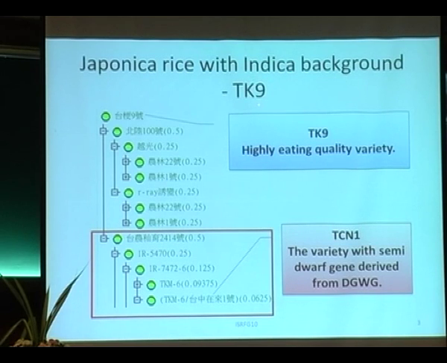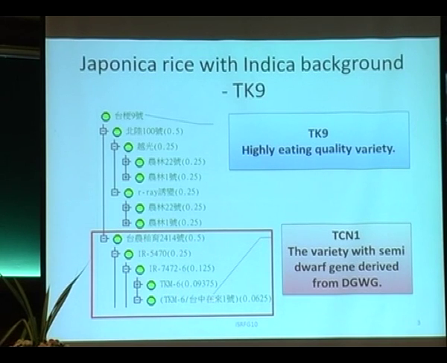For example, here I take Tiger 9 as an example. Tiger 9 is a high eating quality variety in Taiwan, and most convenience stores like to use it to make lunchboxes. In its pedigree, we found that its male parent is indica.